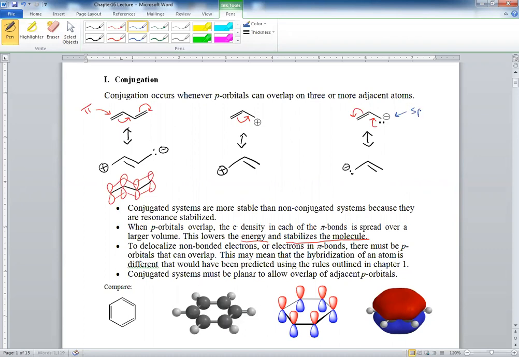If you did the hybridization, you would have thought that this was an sp3. But remember, this is a conjugated molecule, so it couldn't be an sp3, meaning if it was an sp3, then you would have no p orbital left. No p orbitals. So it turns out this is actually not sp3 hybridized, but actually sp2 hybridized.